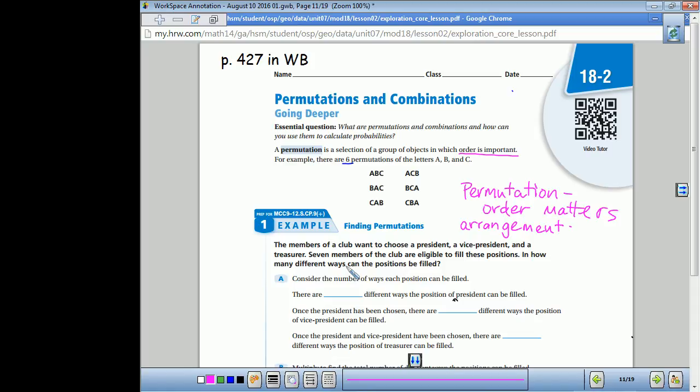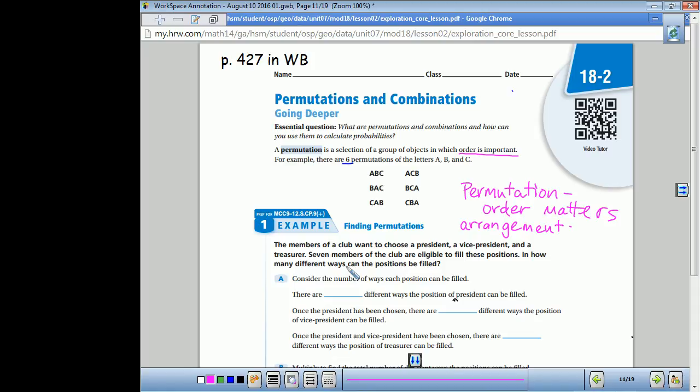So here we have all the permutations of the letters A, B, and C. Because the order matters, there's a difference between ABC and ACB. So there are 6 different permutations of these letters. 6 different ways we could arrange the letters.